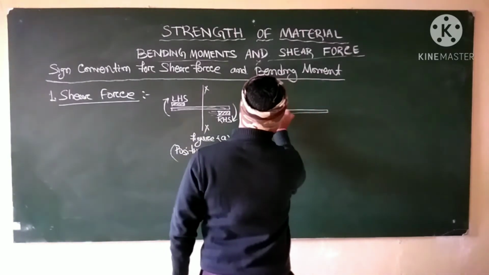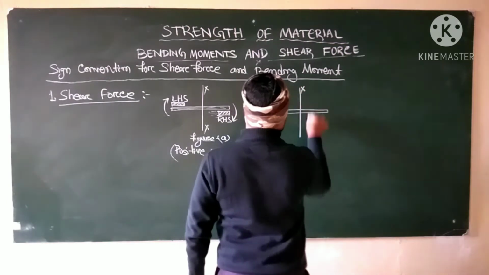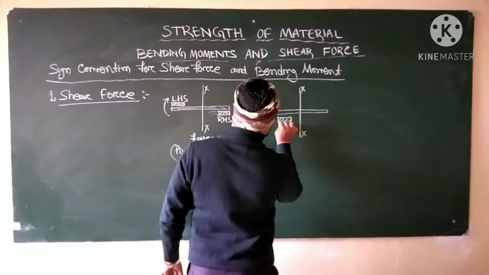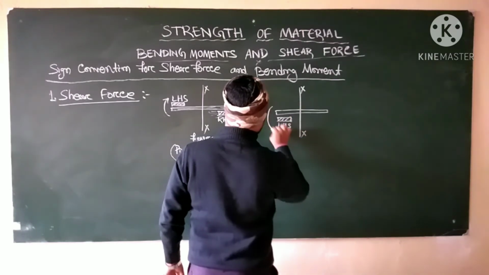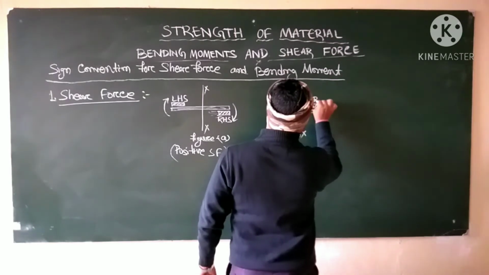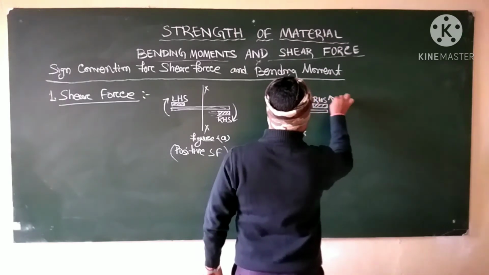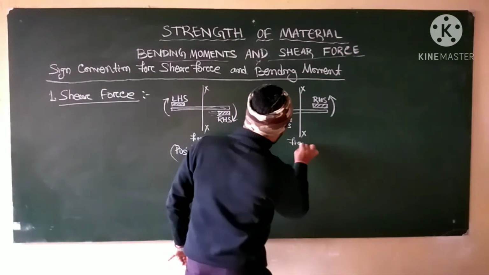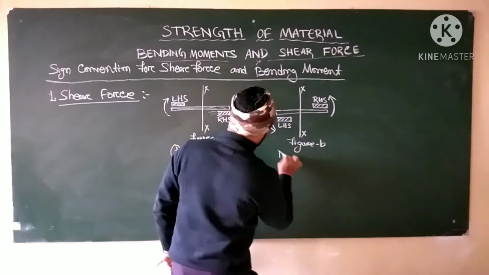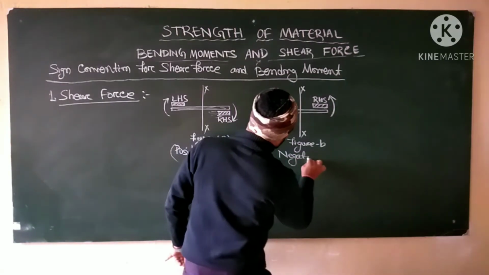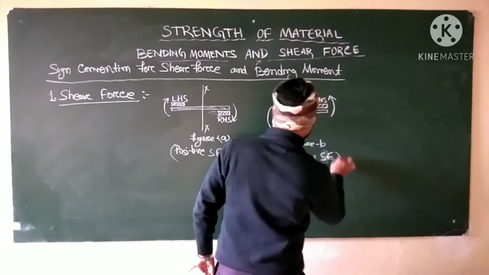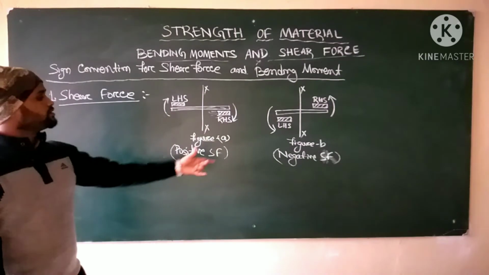If this is the axis XX, then the left hand side of the beam downward, and the right hand side of the beam upward. This is figure B, or you can say negative shear force. So here positive, here negative.